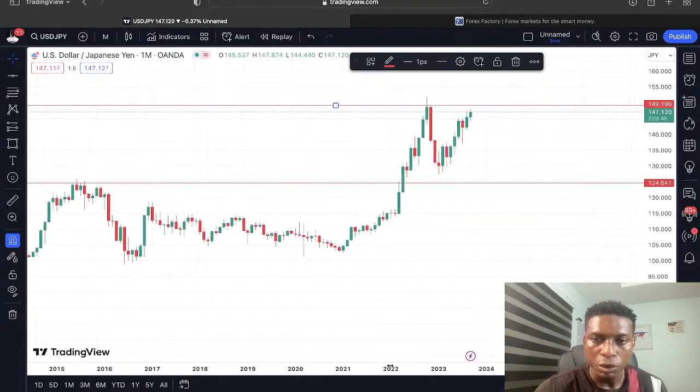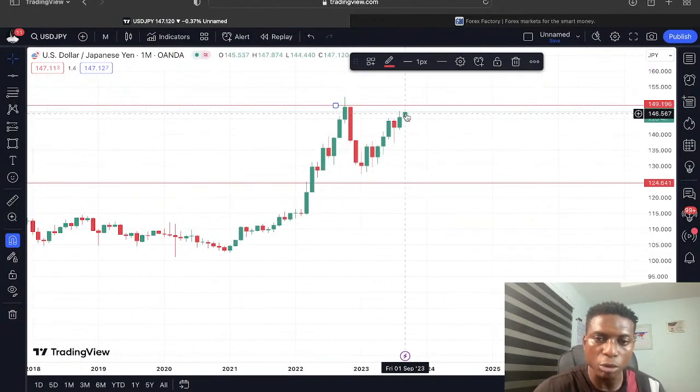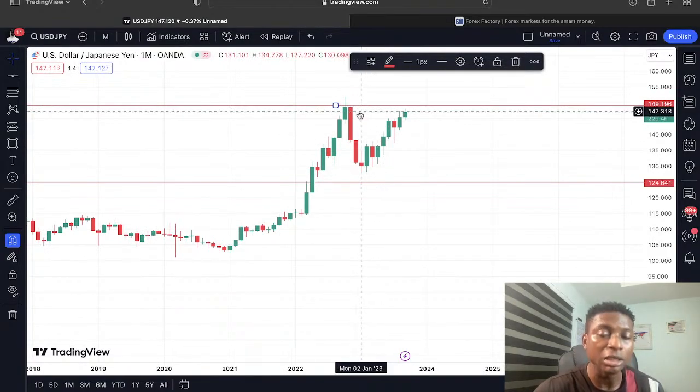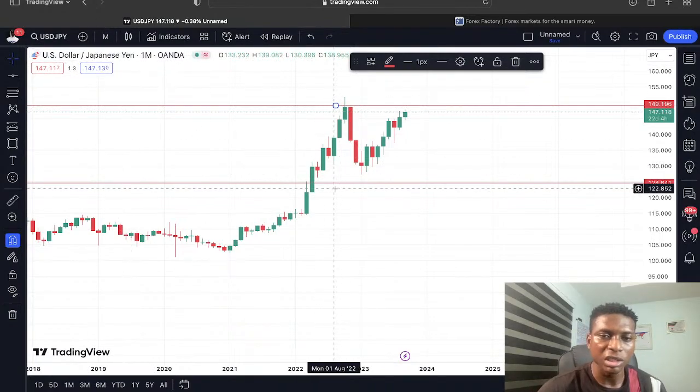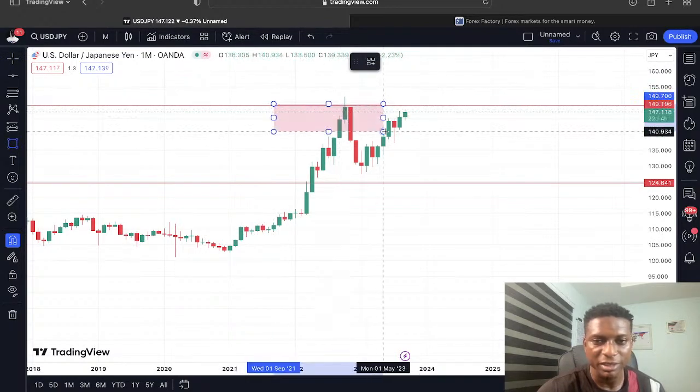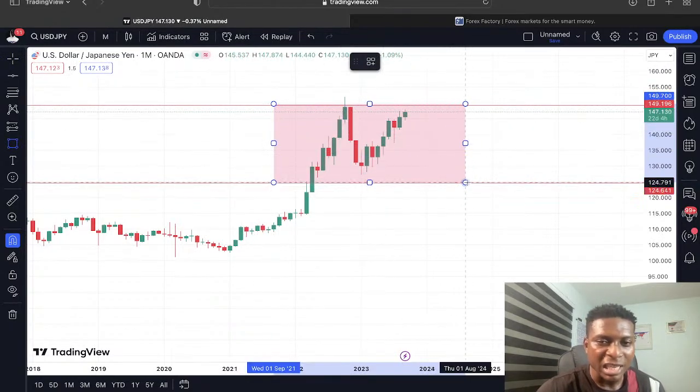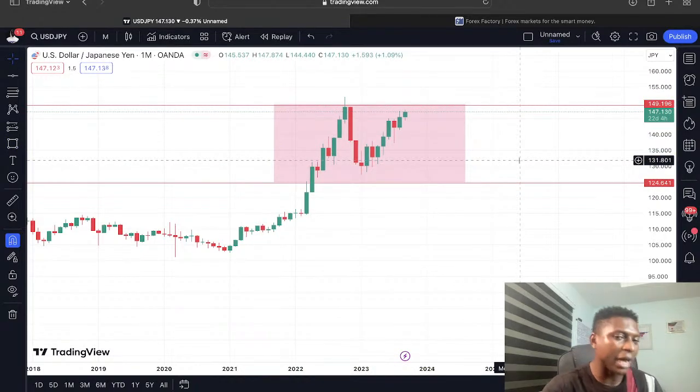You can see that price is coming to a level it had never been in months. So this level is now our focus area.